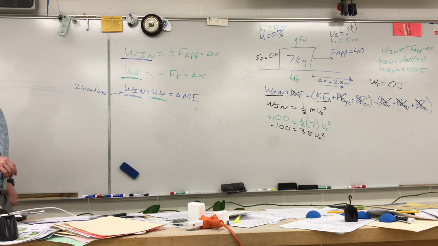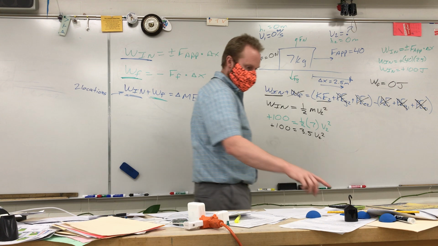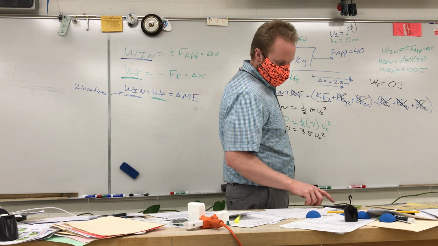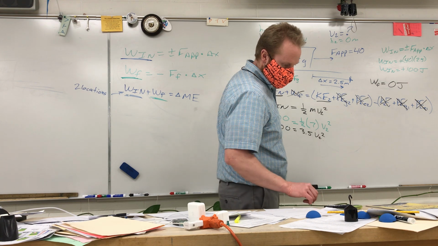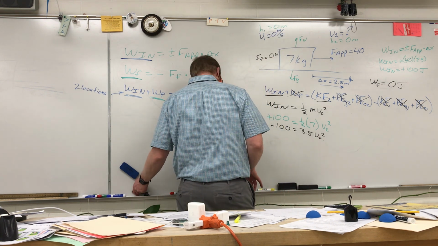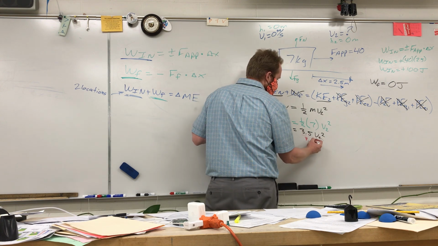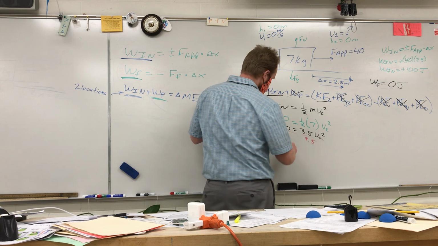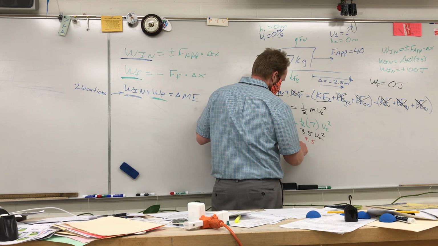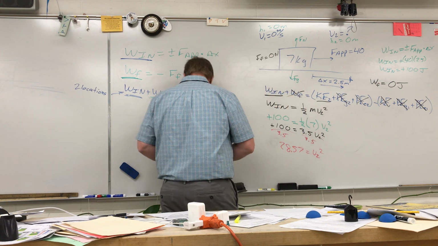So 1/2 of 7 is 3.5. 100 divided by 3.5. So we divide both sides. 28.57. There are more digits on my calculator, but that's all I'm going to write.